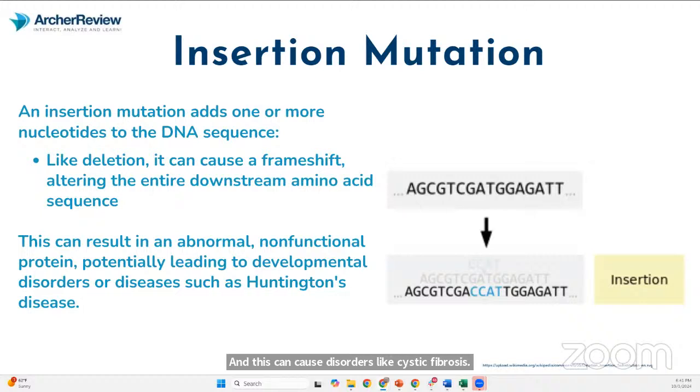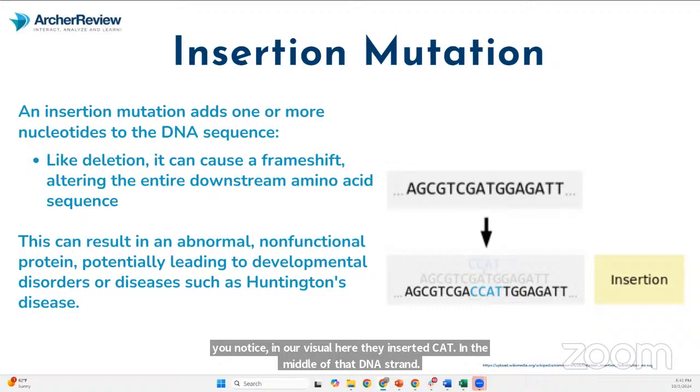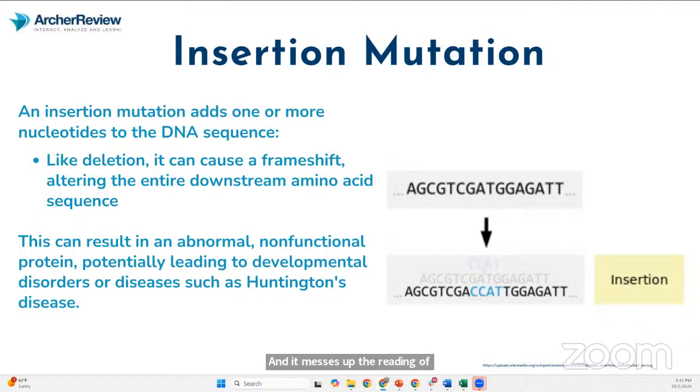As I said when I introduced the deletion mutation, the insertion mutation has the same kind of problem. If you notice in our visual here, they inserted CCAT in the middle of that DNA strand, and it messes up the reading of 3 from that point forward.